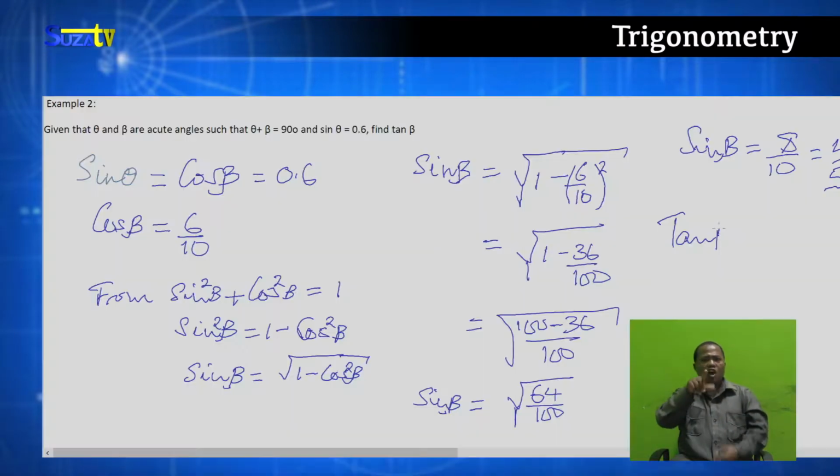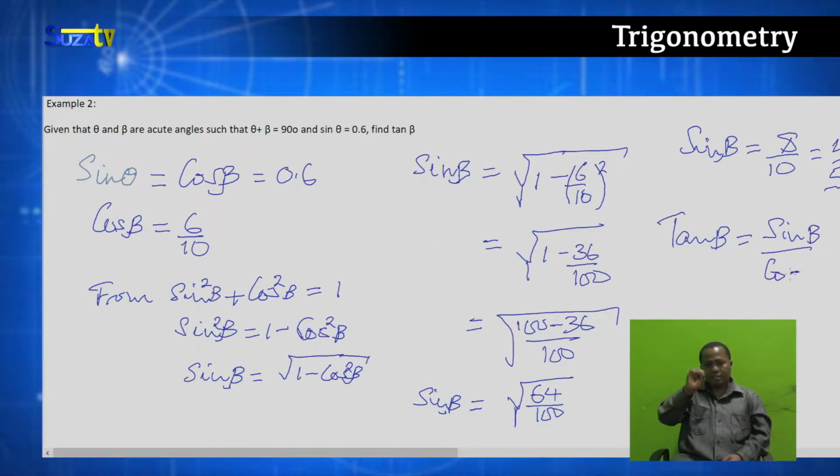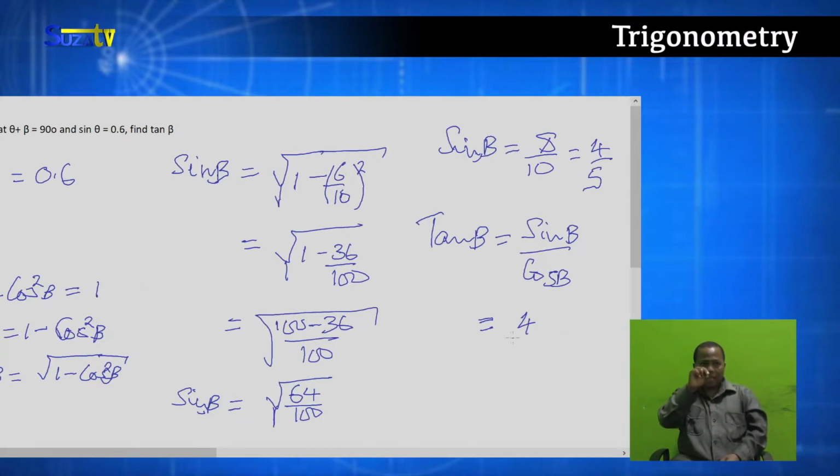The relation says tan of angle beta is equal to sine of angle beta over cosine of angle beta. So now everything is there. We have cos beta, we have sine beta: 4 over 5 divided by cos, 6 over 10.